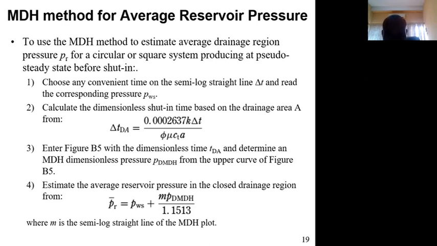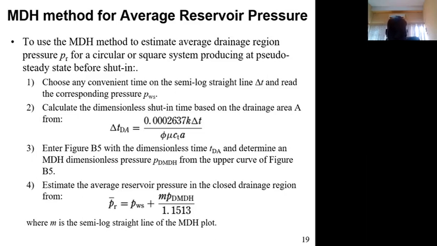You produce the MDH plot, and then, of course, locate the straight line portion. Then on the straight line, you choose any convenient point, and for that point, a convenient shut-in time and the corresponding bottom hole pressure.